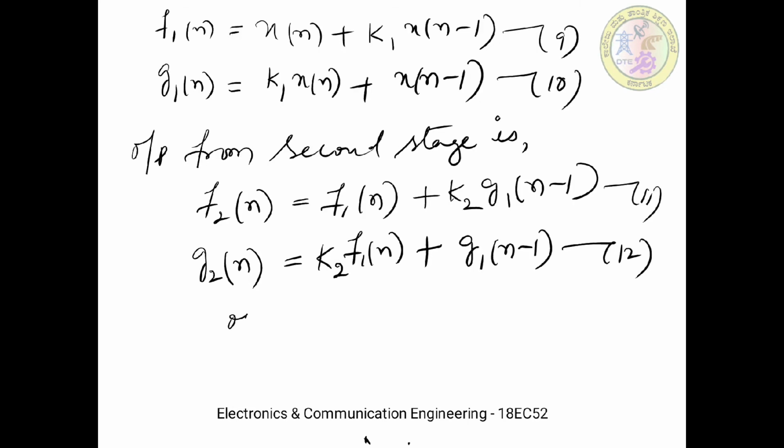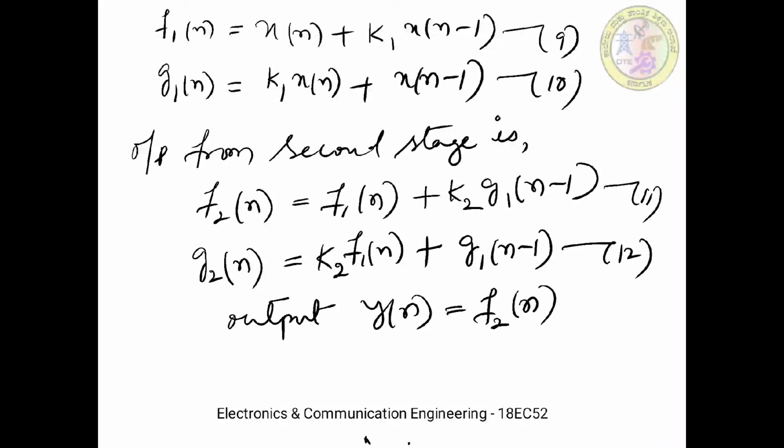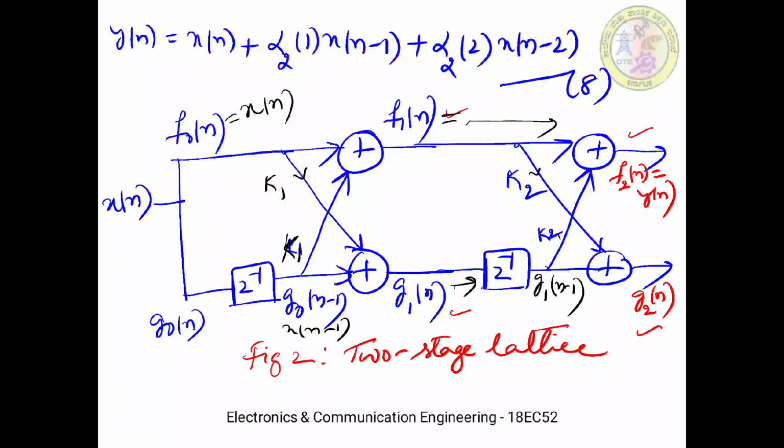For the second stage lattice, the final output y of n is nothing but f2 of n. So here I can write the final output y of n is equal to f1 of n plus k2 into g1 of n minus 1. Just go back.